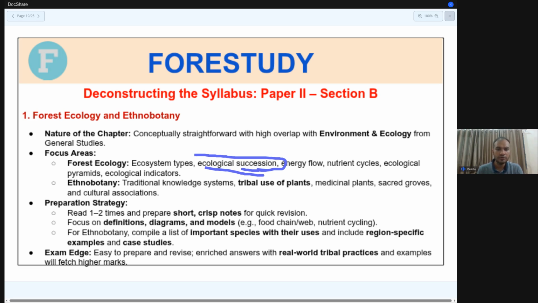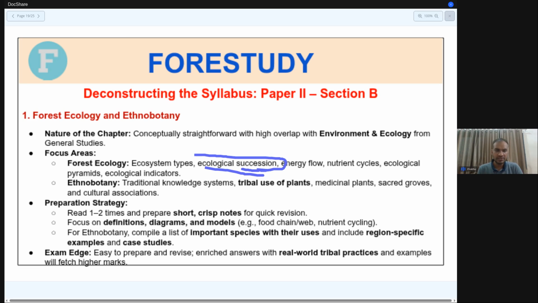You also have to prepare some case studies, both positive and negative, in order to quote examples in the examination hall. Prepare some short and crisp notes, definitions, diagrams, and models if there are any.